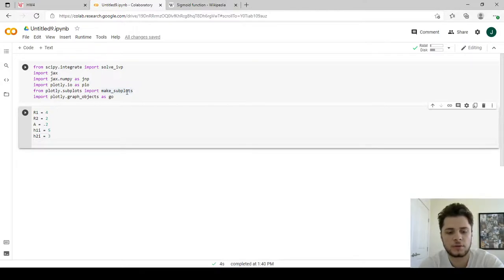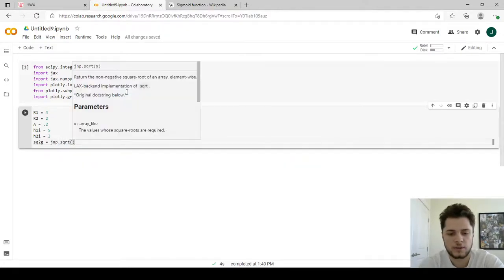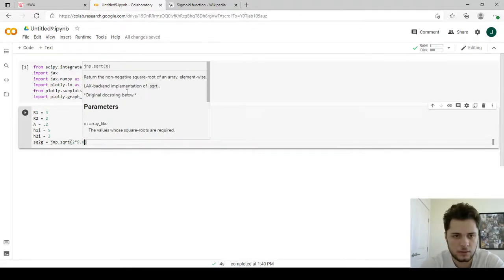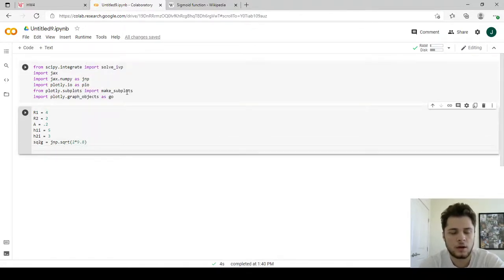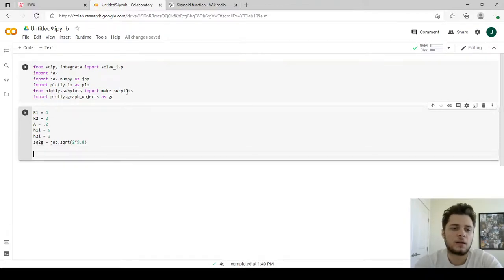And then I'm also going to just calculate the square root of 2g now, so that way I don't have to keep calculating it. That's just going to be the square root of 2 times 9.8. There, so those are my knowns that were given.